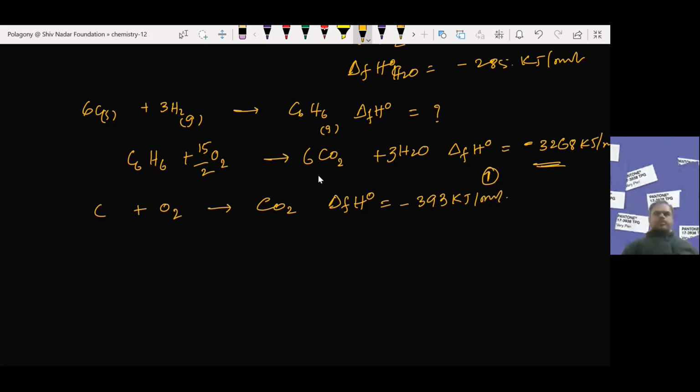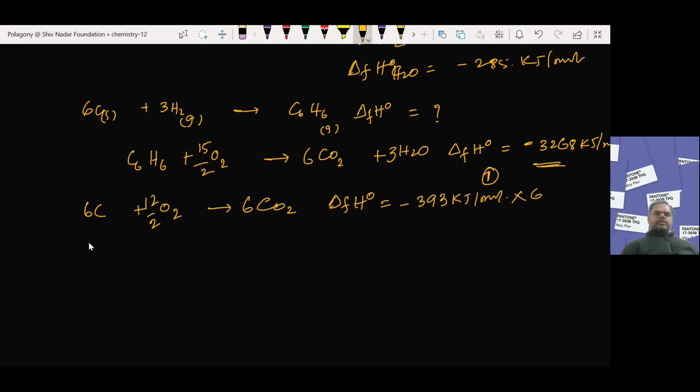But here 6 moles of carbon dioxide are produced, so it is multiplied with 6.